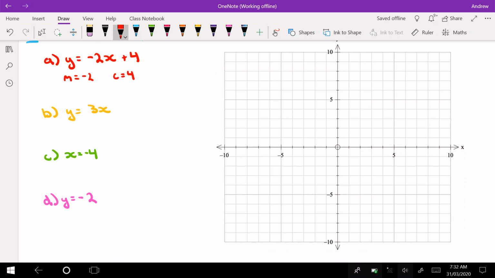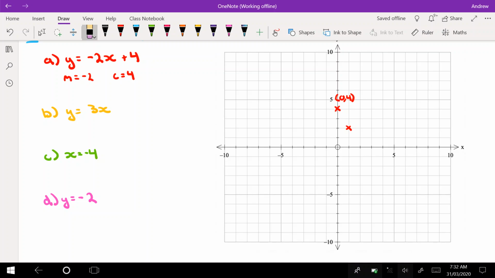Well, if my y-intercept is equal to 4, I can go on my line where 4 should be, and I know that's going to be my intercept, at 0, 4. Well, my gradient is negative 2. So I can go down 2 and across 1. Because my run is always going to be 1, but my rise is going to be negative 2.